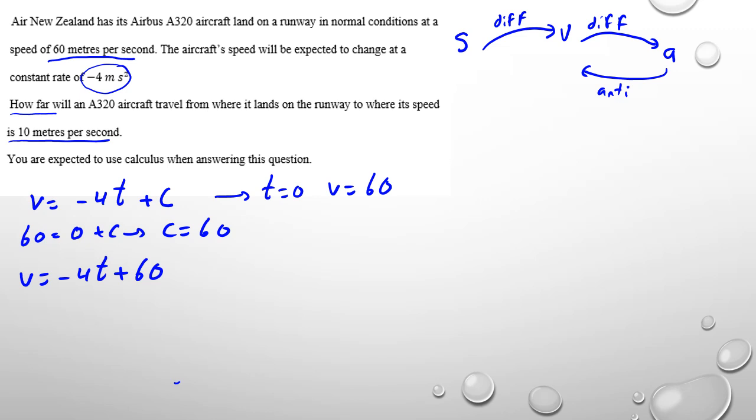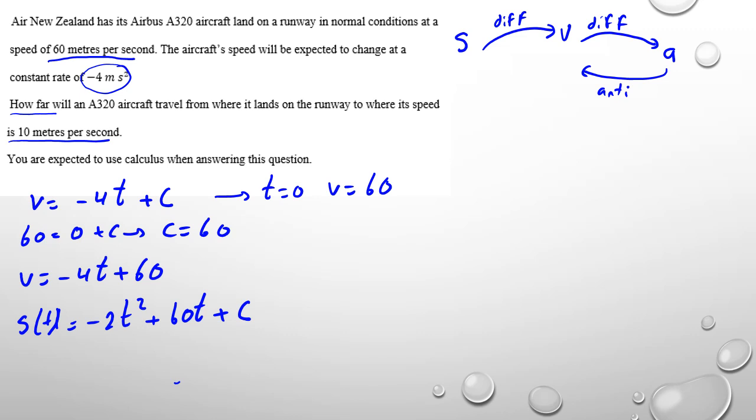Now I need to find the distance because they say how far, so I will have to integrate again. I'll get the distance formula by integrating that, so I've got -2t squared, by adding 1 to the power 2 divided by 2, plus 60t plus c again. Remember, every time I integrate I have to put c.